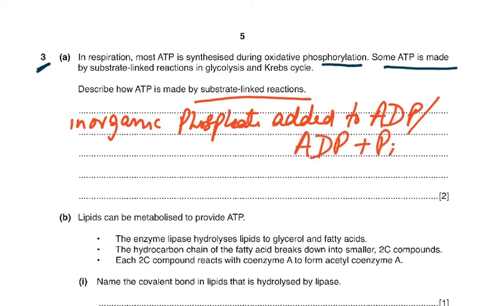Pi is inorganic phosphate. And you could have given a named phosphorylated compound. ADP is converted to ATP.